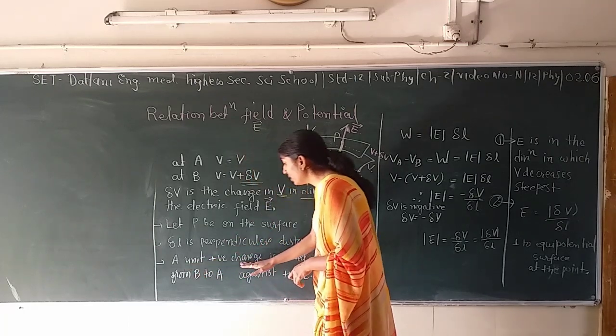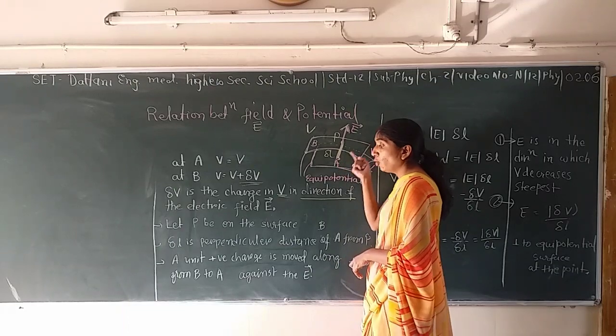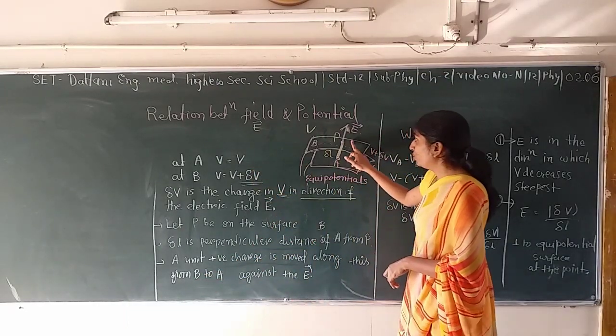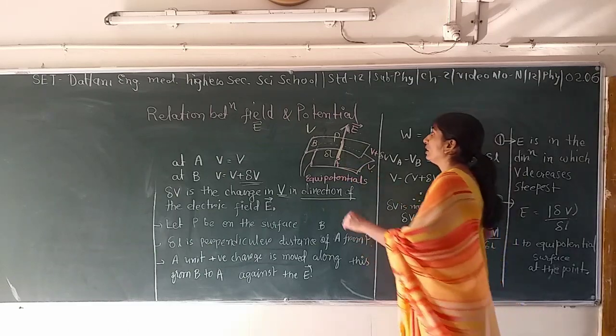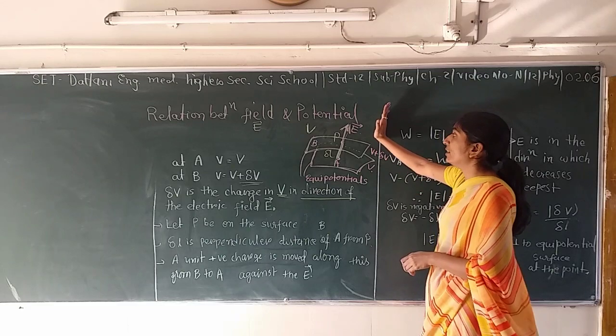Consider a unit positive charge moved along the line AP from B to A. Because the electric field is in this direction, the force F would be in this direction.